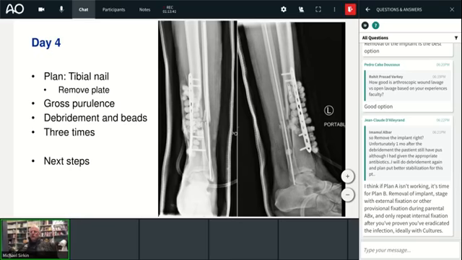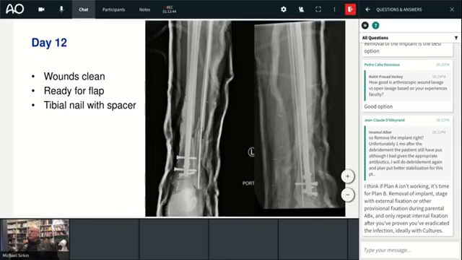So at this point, his wounds were clean and ready for a flap. The thought process is now his wound is acutely clean, and we went ahead and put a nail in, but he also had a spacer placed to cover the nail and protect it from the outside world, and the nail was placed at the same time as his flap was placed.